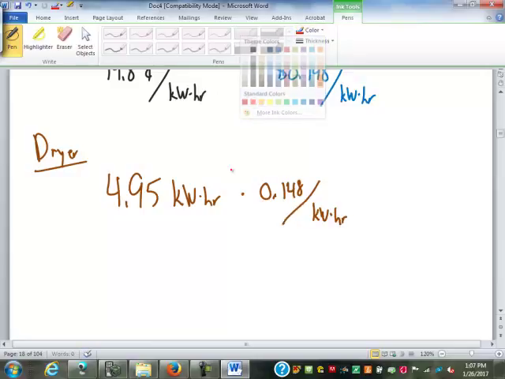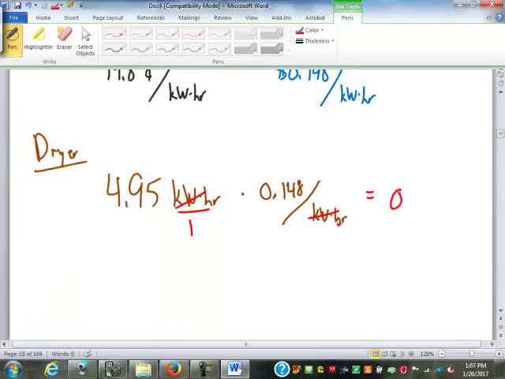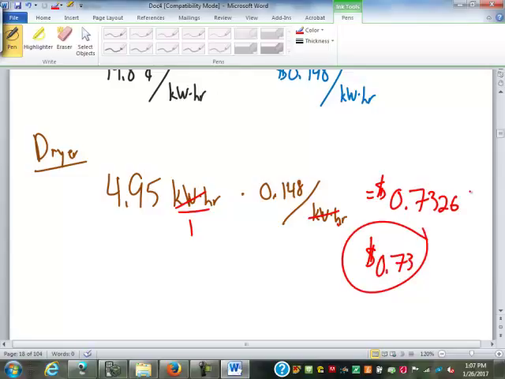Now, if we're being careful with our units, we see the kilowatt hours cancel out. We got kilowatt hours on top and on bottom. So it's 4.95 times 0.148 is 0.7326. That's in dollars. So that means 73 cents worth of electricity to run that dryer for a cycle.